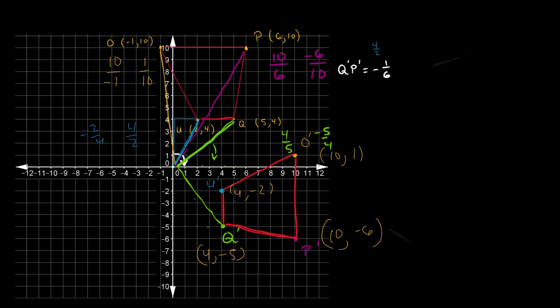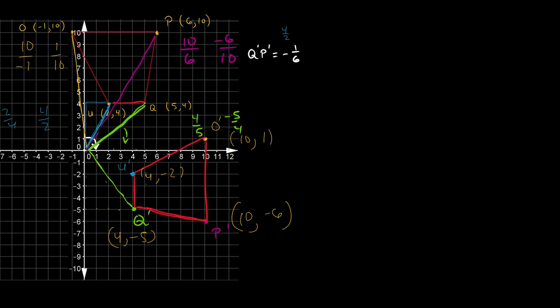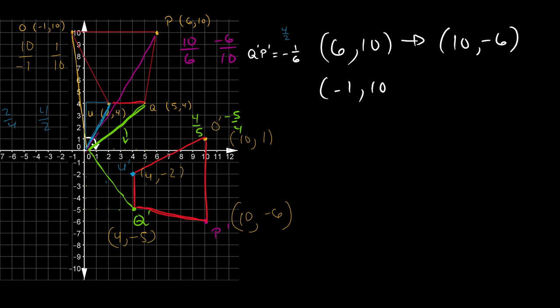Now the reason why I point these out is if we were to make a little table of values of them. So here's P, and that went to 10, -6. And then let's look at O. O was at -1, 10, and that went to 10, +1.